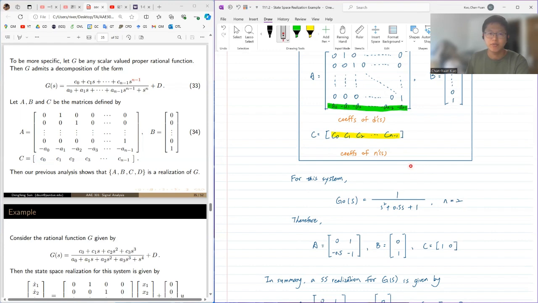Next, by collecting the coefficients in the numerator polynomial and denominator polynomial of G0 of s and filling them into the matrix templates for the matrices A, B, and C, we get A equals the matrix 0, 1, negative 0.5, negative 1. B equals a column vector 0, 1, and C equals a row vector 1, 0.